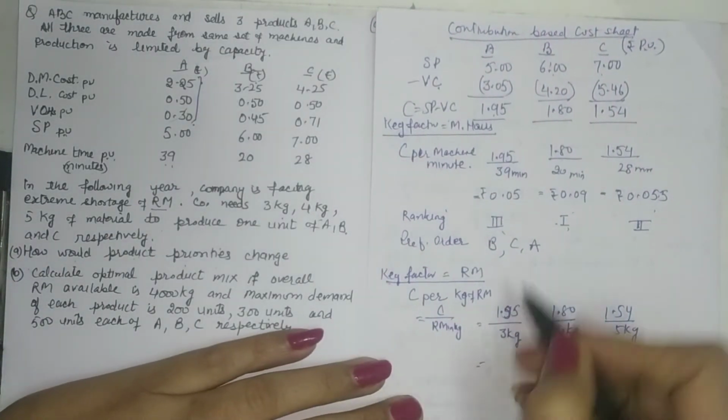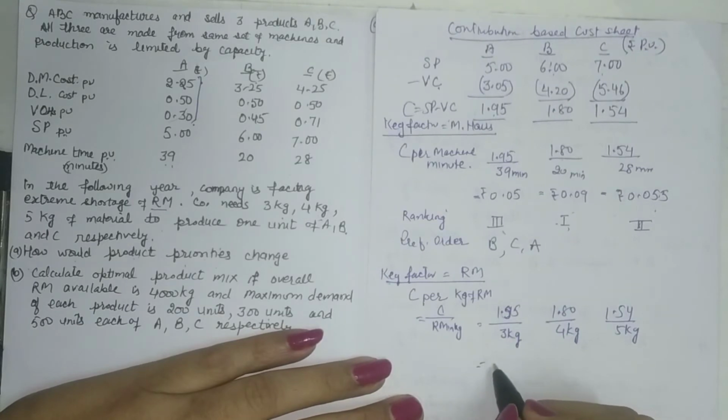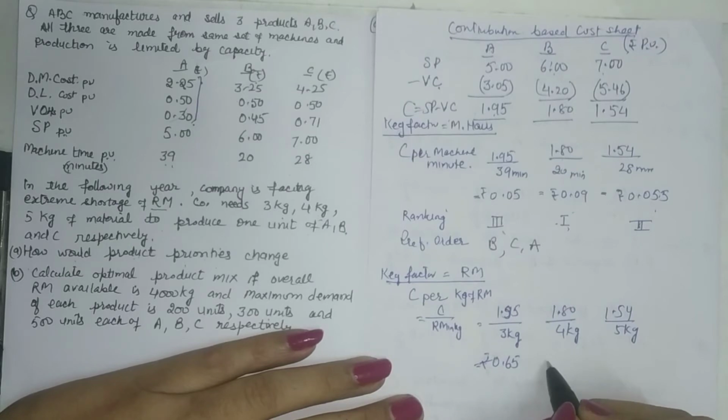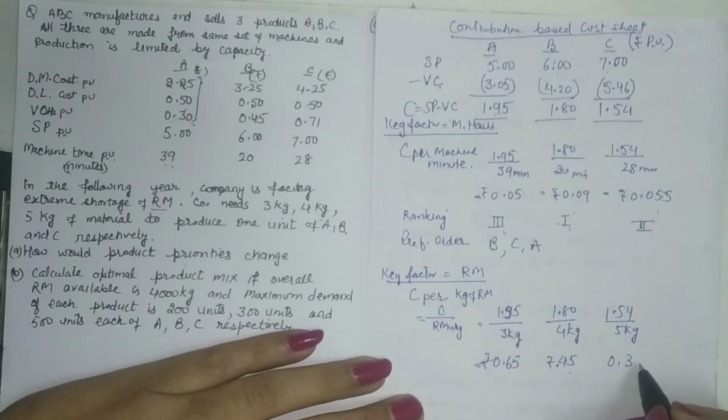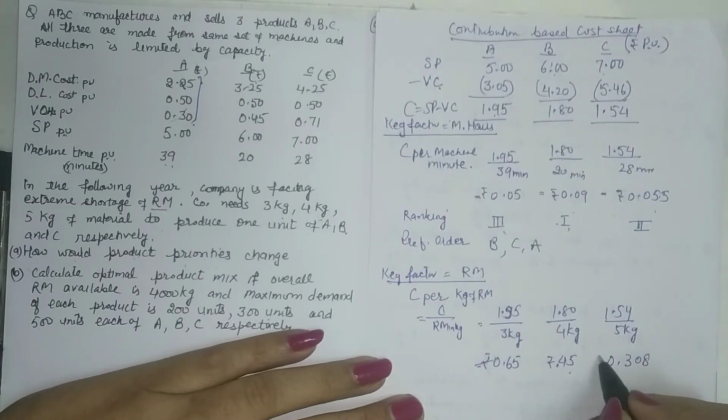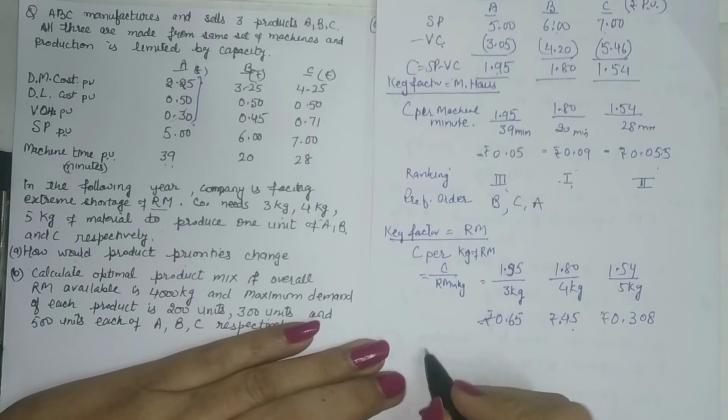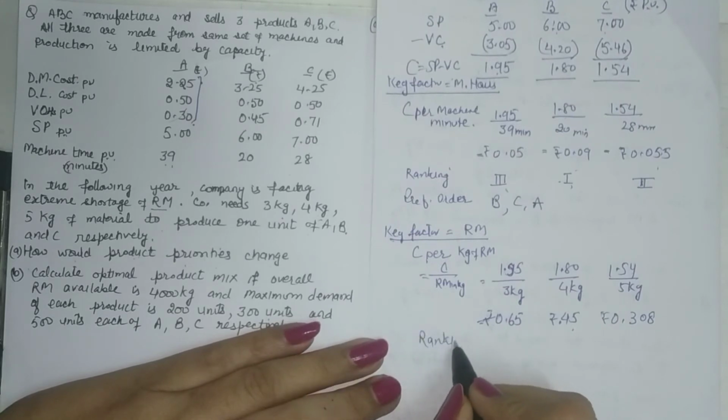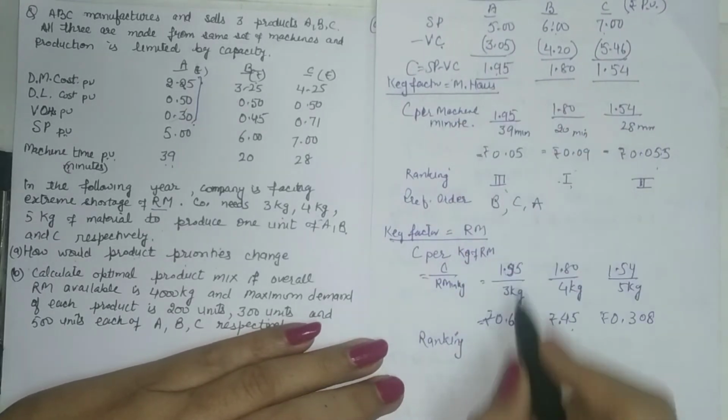So our contribution per kilogram of raw material is 0.65 rupees for A, 0.45 rupees for B, and 0.308 for C. Right. So our ranking is going to be: the one giving you the maximum is top ranked.